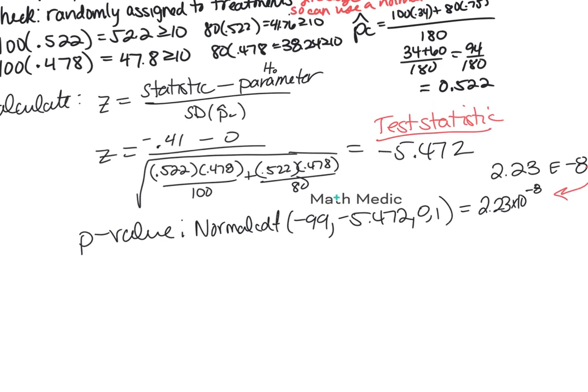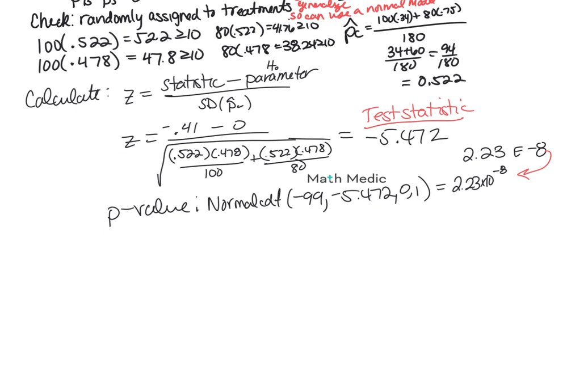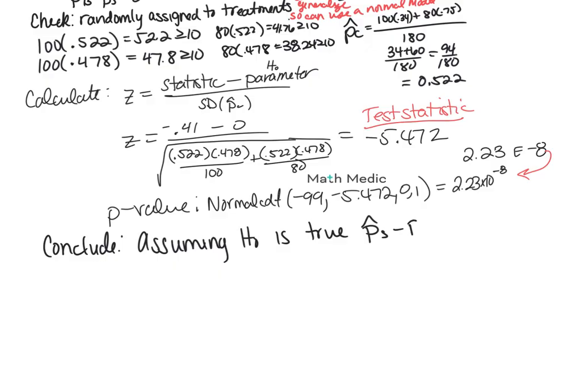Okay, and then the last part is to conclude. We're going to interpret our p-value first. Assuming H0 is true, p hat S minus p hat B is equal to 0. There is no difference. So we could also say, assuming there is no difference, the proportion of children who sleep better with a stuffed animal than with the blanket.